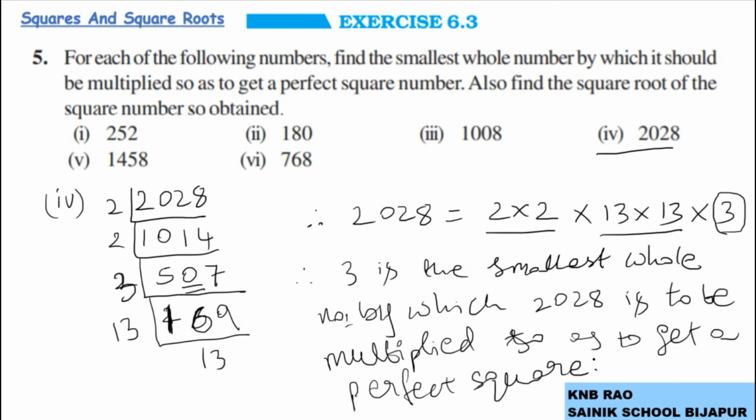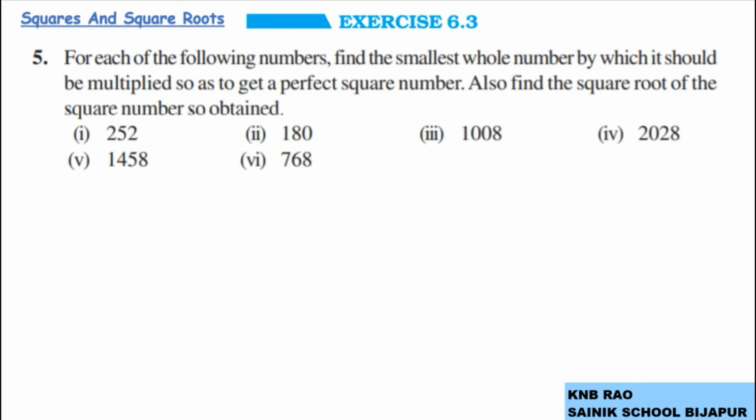So this is the first part of the question, and now the second part of the question: find the square root of that number. So when I multiply 2028 by 3, we get 6084.